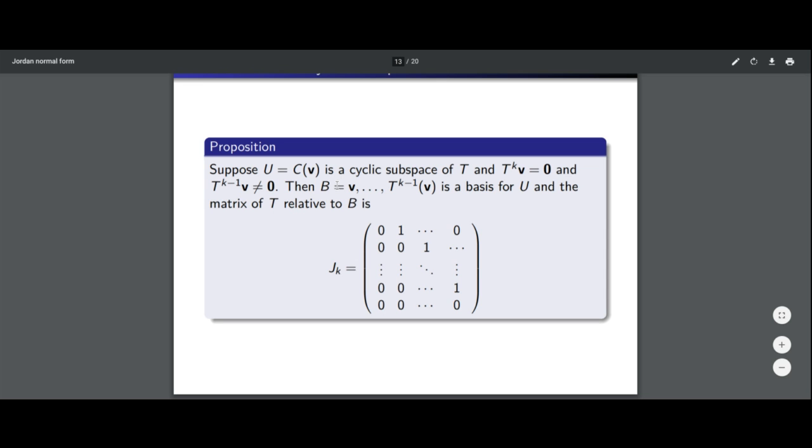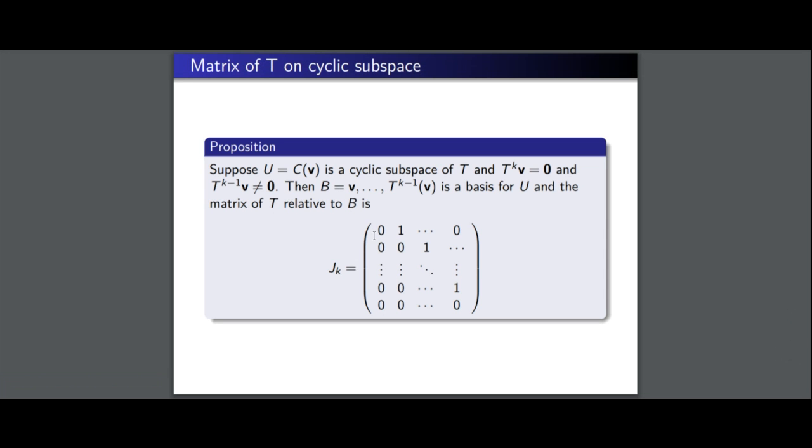And the matrix of t on the cyclic subspace is this matrix with ones above the diagonal and zeros on the diagonal, zeros everywhere else. Okay, so nilpotent linear transformations that act on cyclic subspaces have this special matrix.